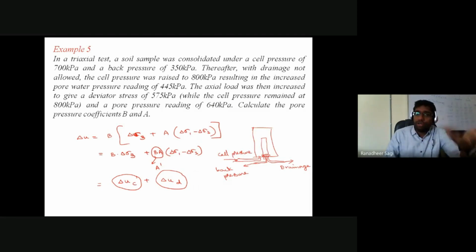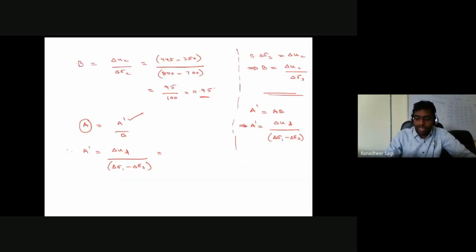When additionally you applied the deviatoric stress, the pore water pressure became 640 kilopascals. Then how much is the increase in pore water pressure because of only the applied deviatoric stress? It is nothing but 640 minus 445 kilopascal.